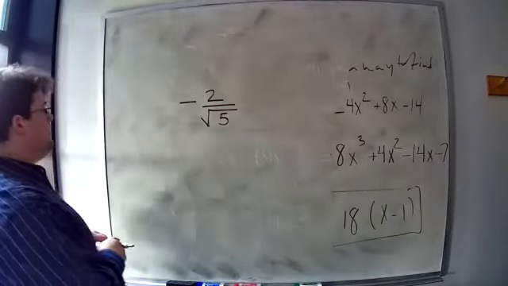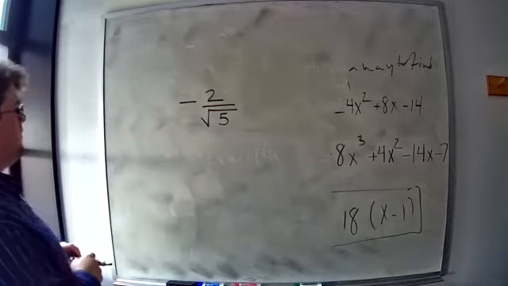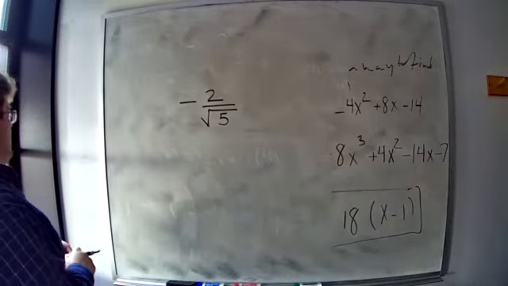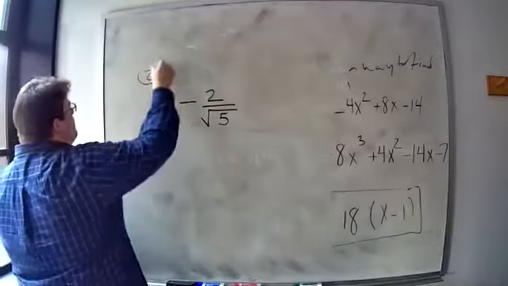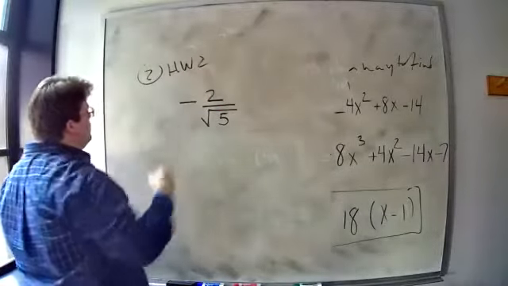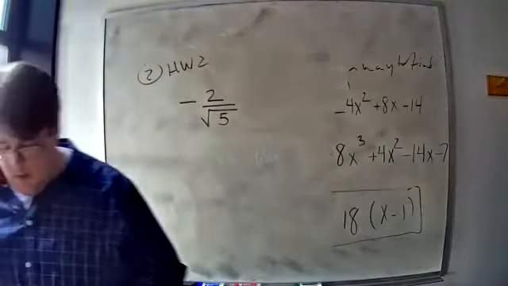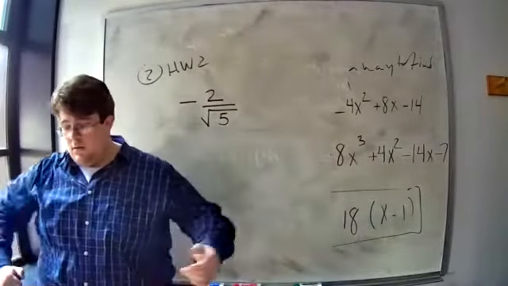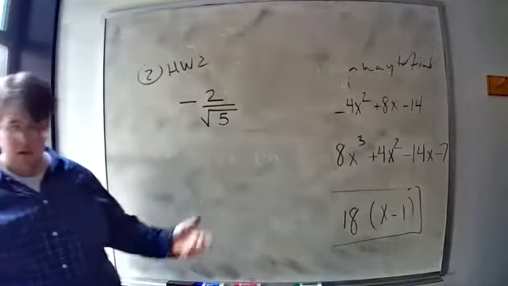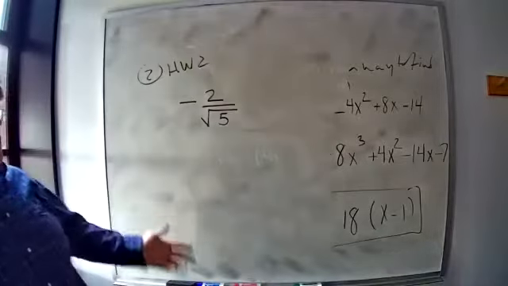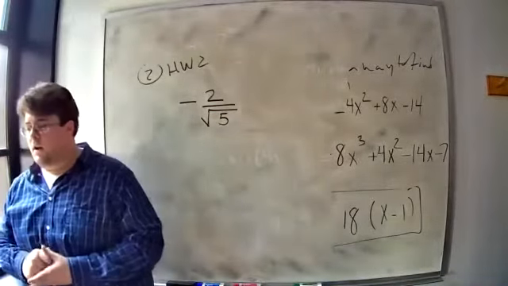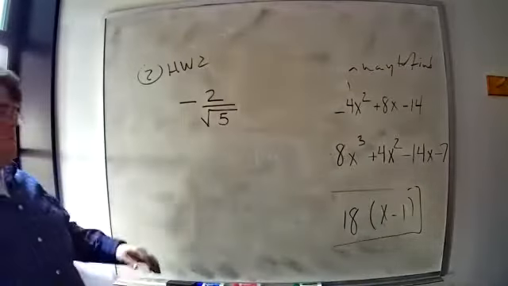Some of you, there were a few who arrived at negative 2 over root 5 for an incorrect reason. This is number 2 on homework 2. The limit in number 2 is a limit as x goes to negative infinity. It is a subtle limit, and the negative shows up, with the way I described how to do limits as x goes to negative infinity, it just shows up there.